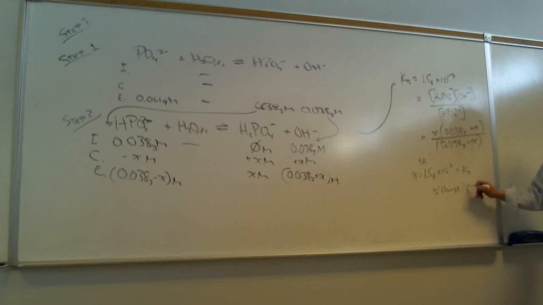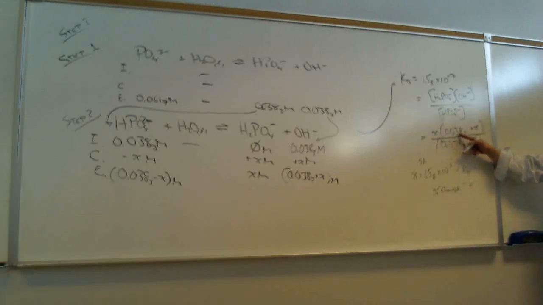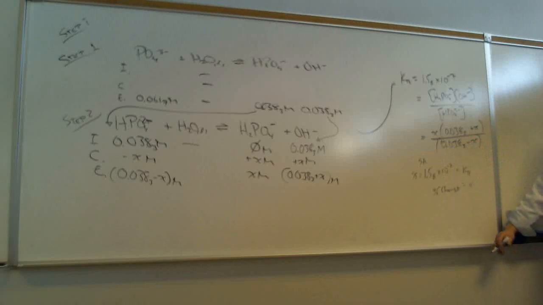It's like 10 to the minus 7 divided by 10 to the minus 2, which gives you 10 to the minus 5. So it's roughly a 10 to the minus 5% change, which is very small.